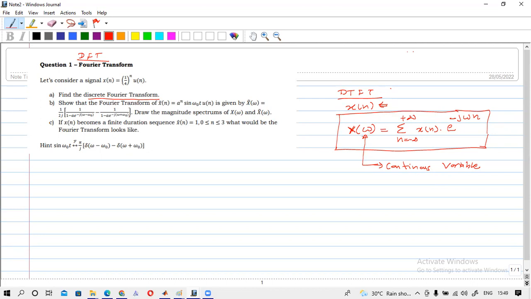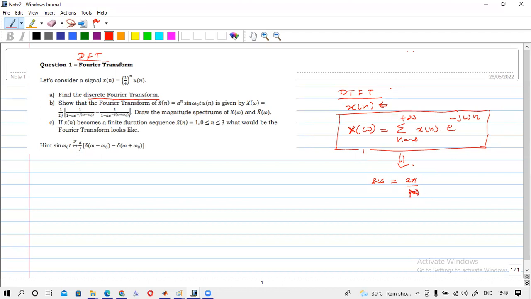So what we do is sample this omega domain signal also. I sample it like this, getting very small samples, with each sample spaced by 2π/N.